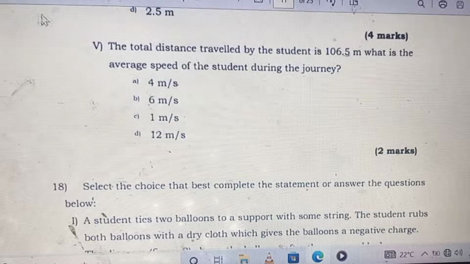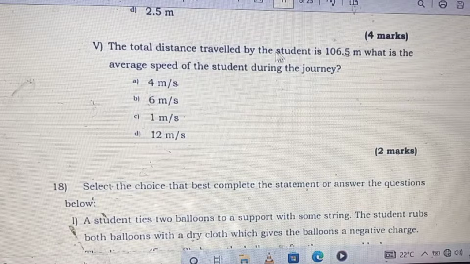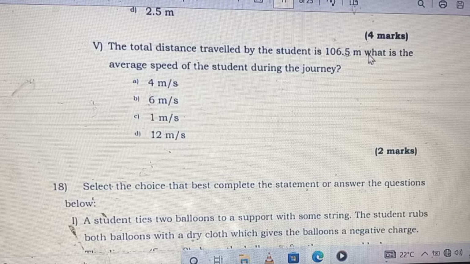V. The total distance traveled by the student is 106.5 meters. What is the average speed of the student during the journey? The correct answer is letter A, 4 meters per second.